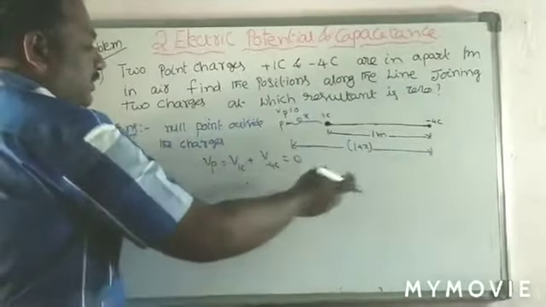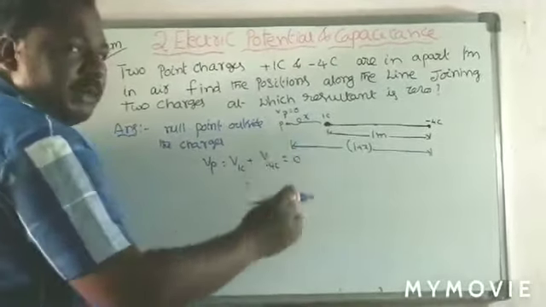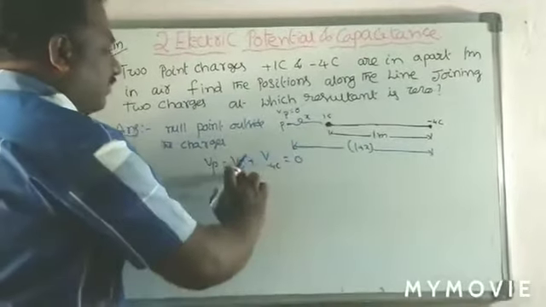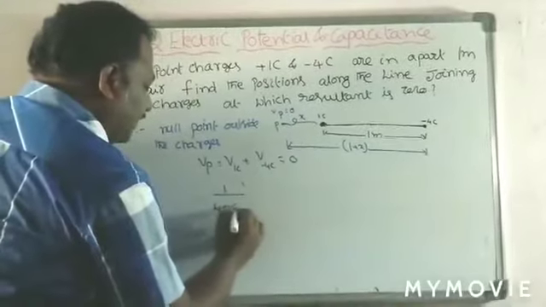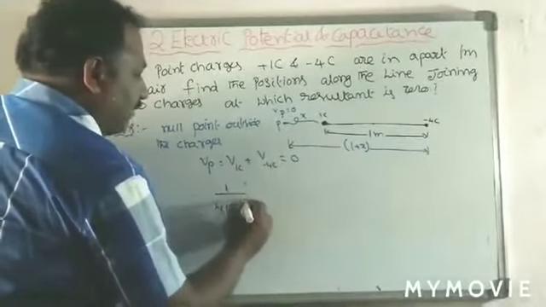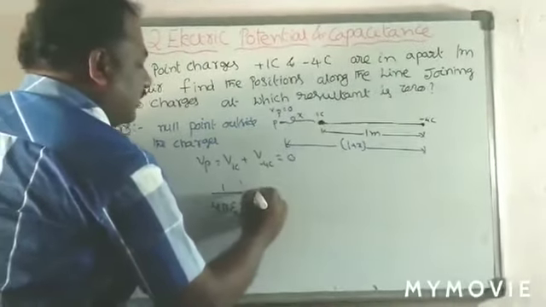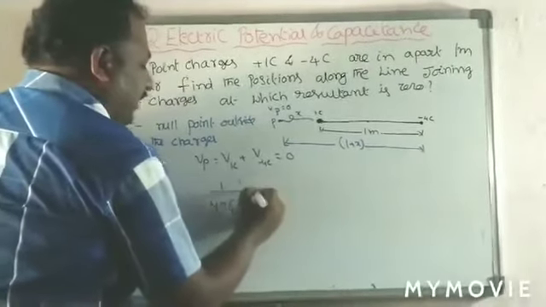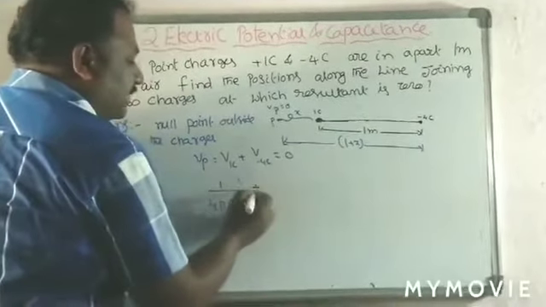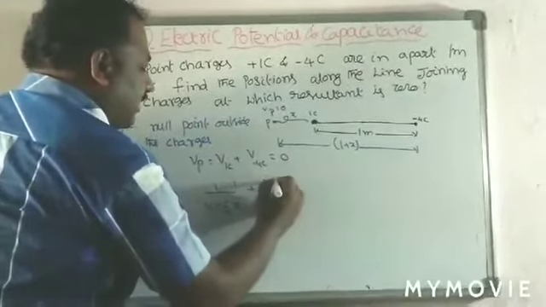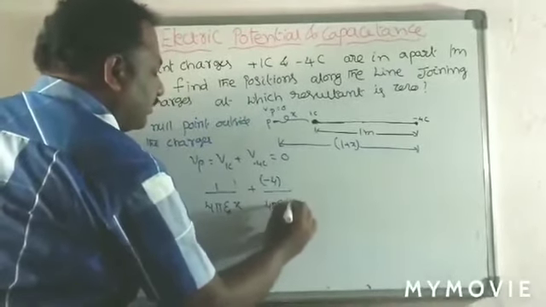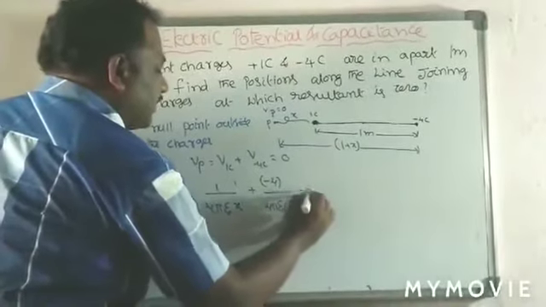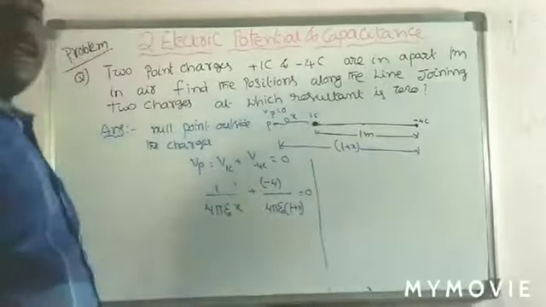We have the potential formula V equal to Q by 4 pi epsilon naught into R. For 1 coulomb, 1 by 4 pi epsilon naught into R value x, minus, here I take minus because the charge is minus 4, 4 by 4 pi epsilon naught into 1 plus x, but the total potential at that point is 0.